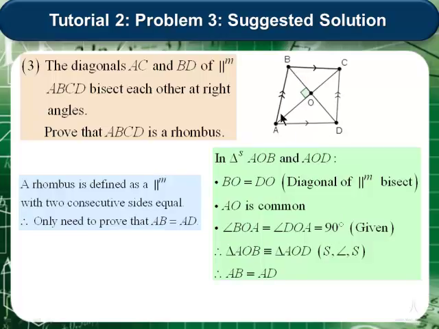So the two little triangles will be congruent, because two sides and the enclosed angle of the one are equal to two corresponding sides and enclosed angle. And therefore we can conclude from this congruency that AB must be equal to AD, which then proves that this quadrilateral is a rhombus.